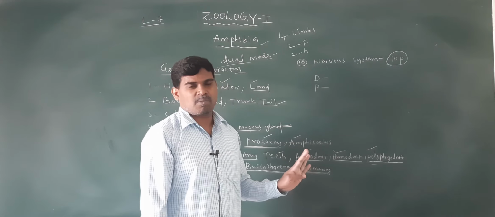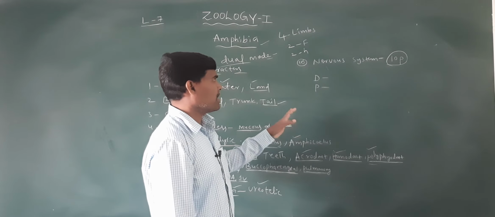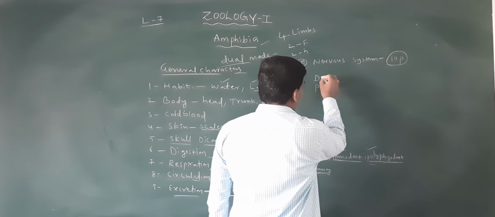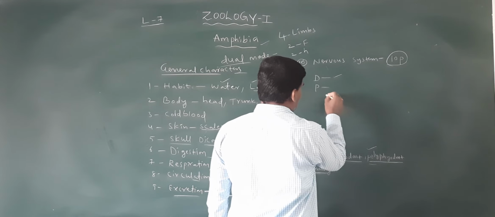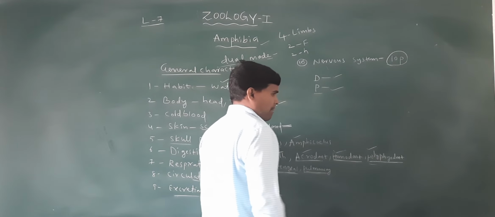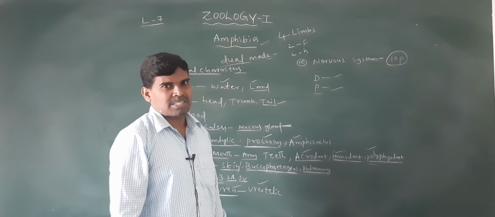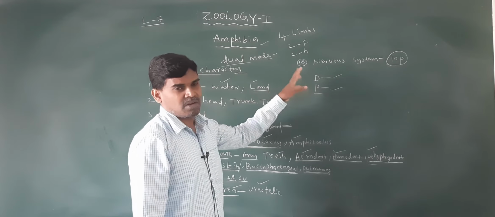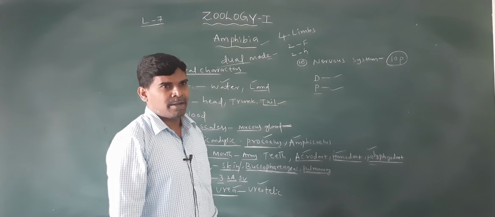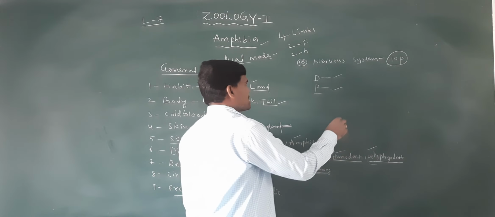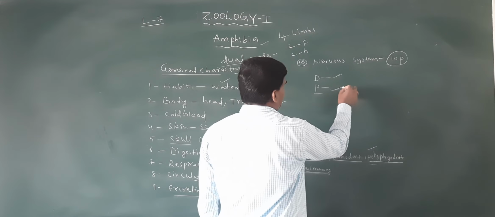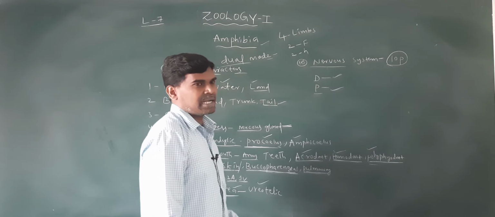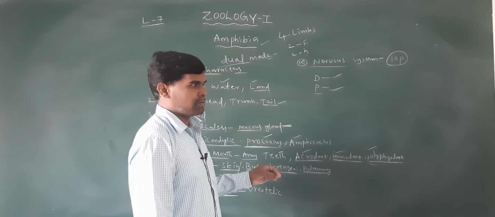There are 3 types, but amphibians have only 2: the outer membrane is the dura mater, the inner membrane is the pia mater, and the arachnoid membrane is absent. These membranes covering the brain are called meninges. How many pairs of cranial nerves? Ten pairs.